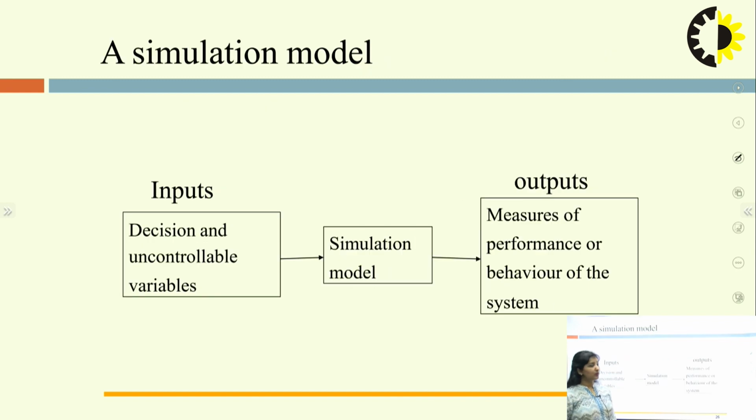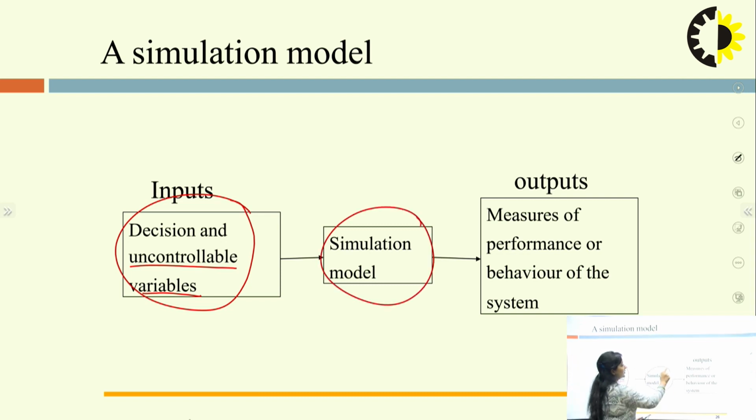This is a simulation model of Monte Carlo. Inputs are the decisions and the uncontrolled variables. These will be the input to this simulation model, and from the simulation it will give the output. Output will be in the form of the performance or behavior of the system. So this is the benefit of using the Monte Carlo method, that it is purely based on numerical methods.